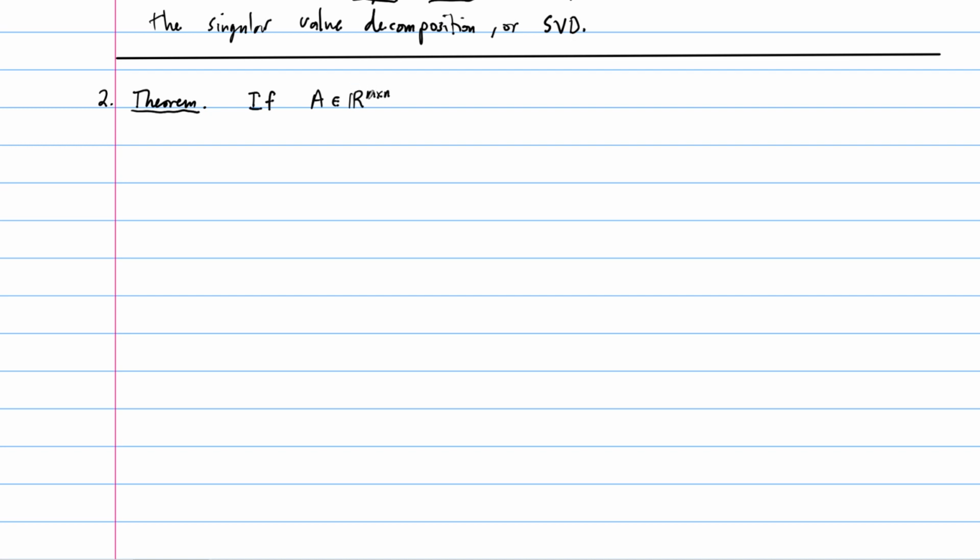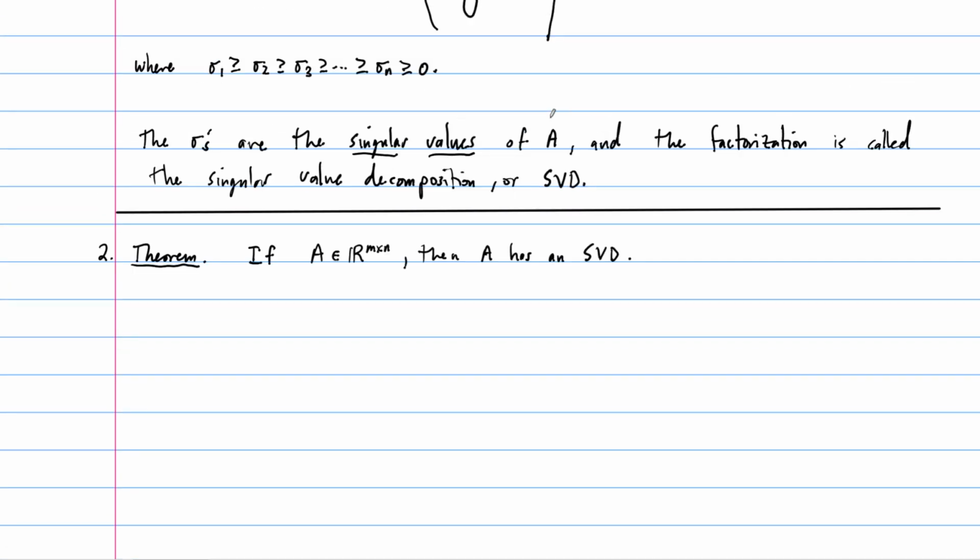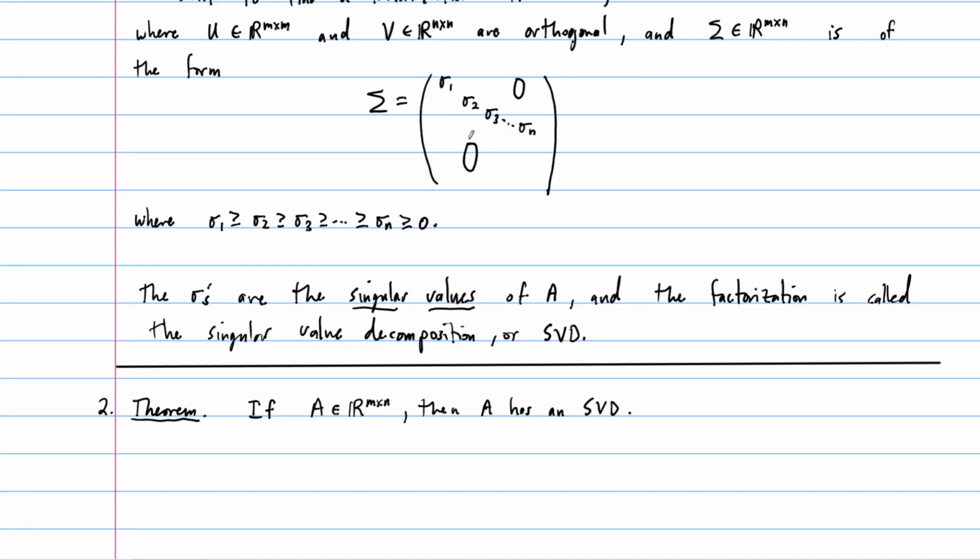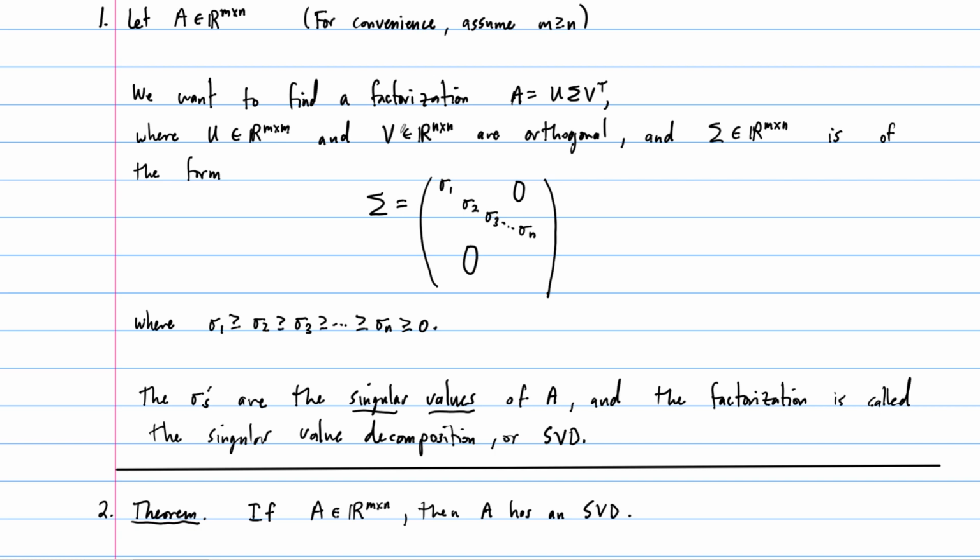If A is an m by n matrix, this is the theorem, then A has a singular value decomposition, or I've just abbreviated it, it has an SVD. So in this case, I'm saying it is possible to find the matrices U, V, and sigma to write your given matrix as a product: A equals U times sigma times V transpose.